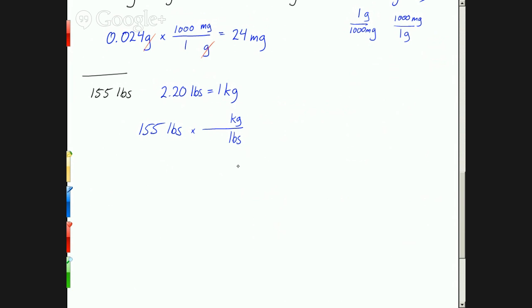And then we put the numbers where they line up. So that's 2.2 pounds, 1 kilogram. Now when we go to solve this, because the 2.2 is on the bottom, we divide 155 by 2.2 rather than multiply it. And I think you come up with something like 70.4 kilograms. So again, our pounds have canceled, and we're ending up with kilograms.